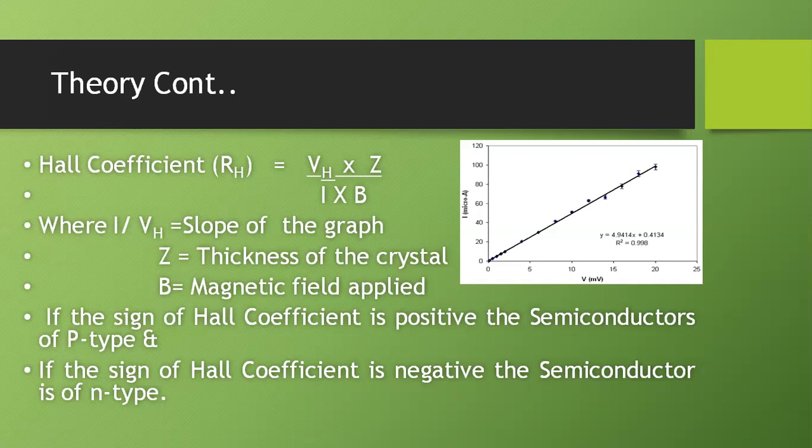Once you know the type, for example if it is a p-type semiconductor, you are able to calculate the density of holes, as holes are the majority carriers in p-type, and the mobility of holes. If the semiconductor is n-type, you can calculate the density of electrons and mobility of electrons. In this way, you can determine the nature of the semiconductor, the nature of charge carriers, and their mobility practically.